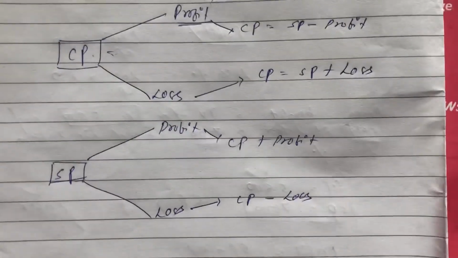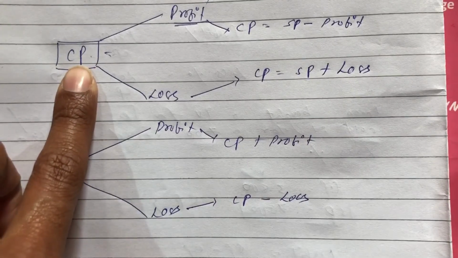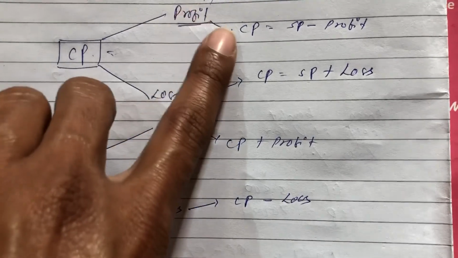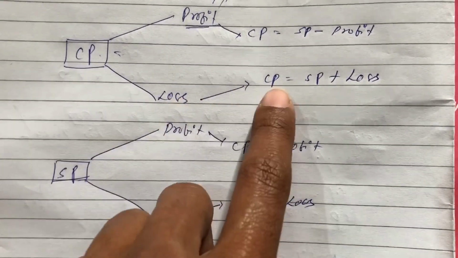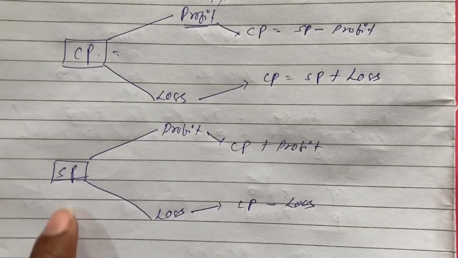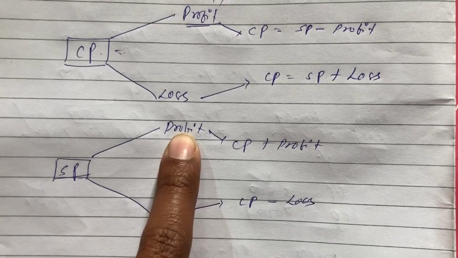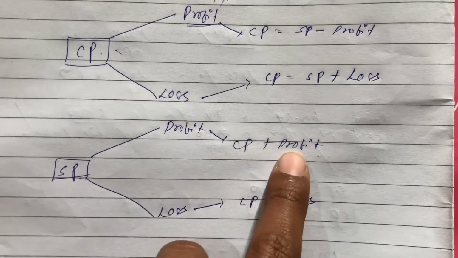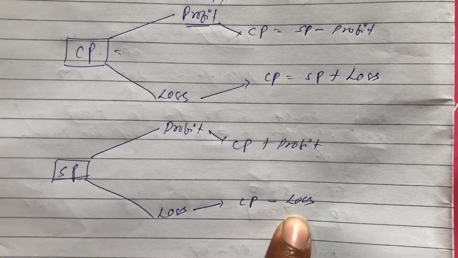To recap: to find CP in case of profit, CP is equal to SP minus profit; in case of loss, CP is equal to SP plus loss. To find SP in case of profit, it is CP plus profit; in case of loss, it is CP minus loss.